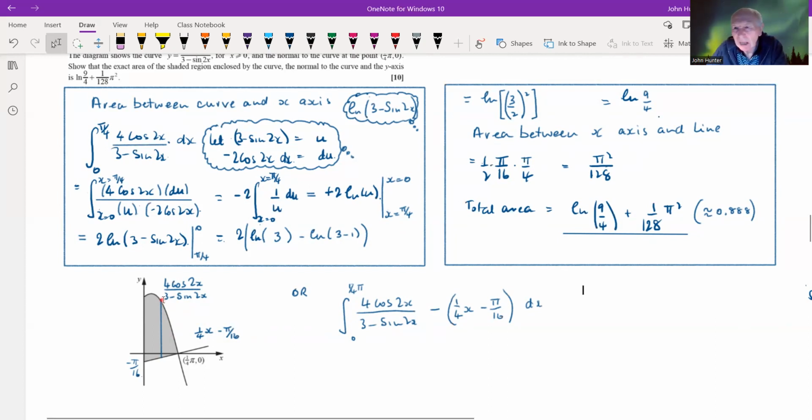In this case, it doesn't really help us very much, but in the general case, what we're actually doing is summing all these infinitesimally narrow lengths between 0 and pi by 4. So that's what this expression is here. Okay, so we can integrate that between 0 and pi by 4. We will actually come up with the same thing.